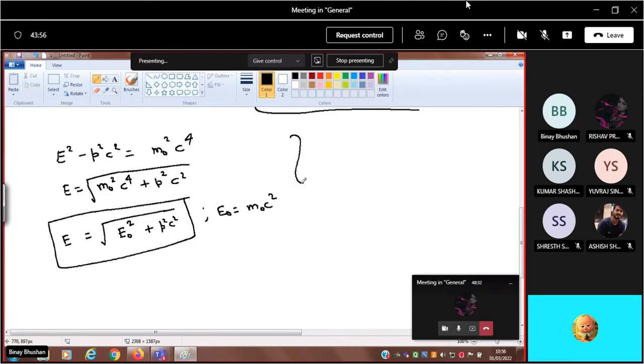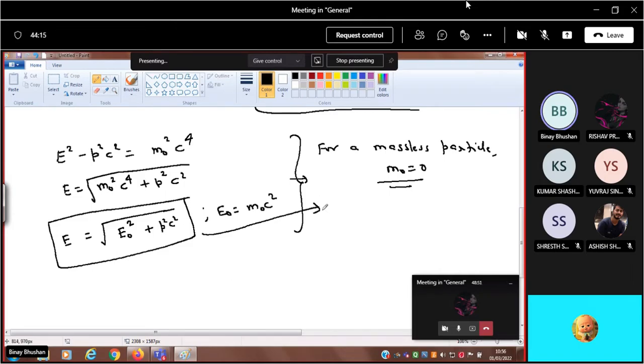Okay. Now for a massless particle, M naught is 0. Rest mass is 0. So what we are getting from here? We are getting E equal to PC, because rest mass is 0, so this rest energy E naught is 0.